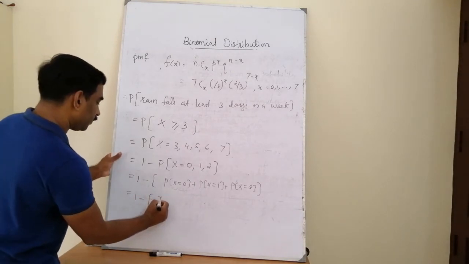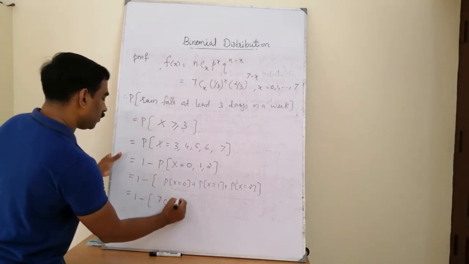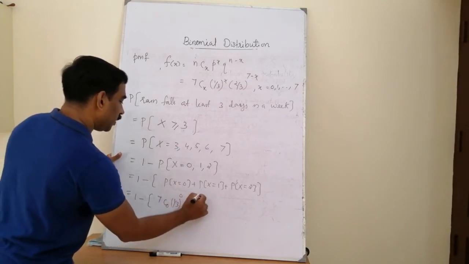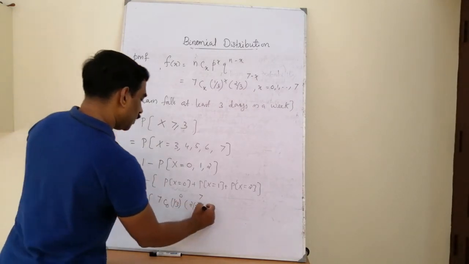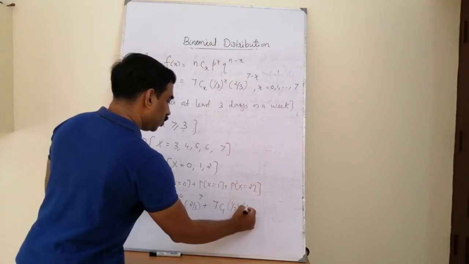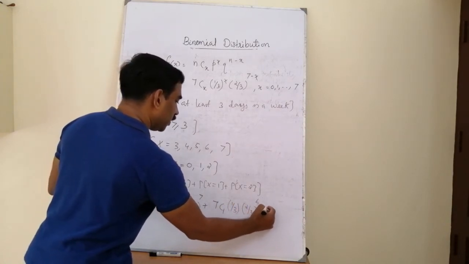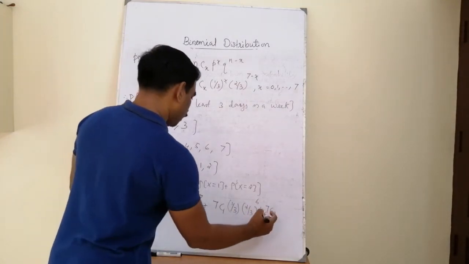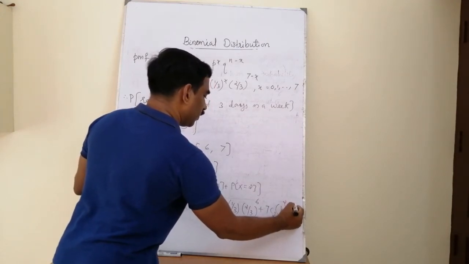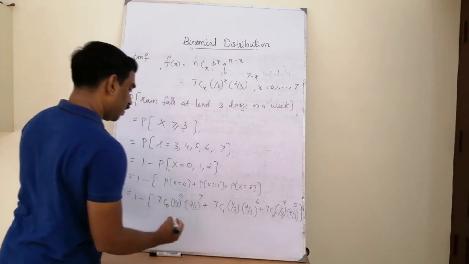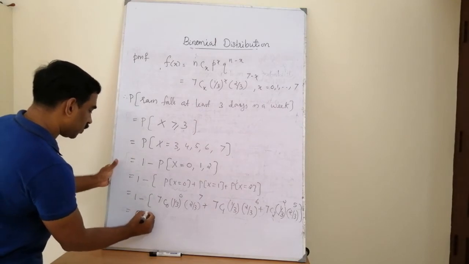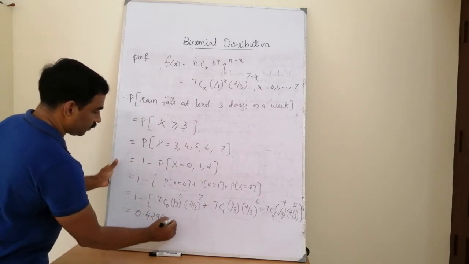That is 7C0 (1 by 3) raised to 0 (2 by 3) raised to 7 minus 0, that is 7, plus 7C1 (1 by 3) raised to 1 into (2 by 3) raised to 7 minus 1, that is 6, plus 7C2 (1 by 3) squared into (2 by 3) raised to 7 minus 2, that is 5. So after simplification, substituting into this probability mass function formula, we can see that this probability becomes 0.4296.